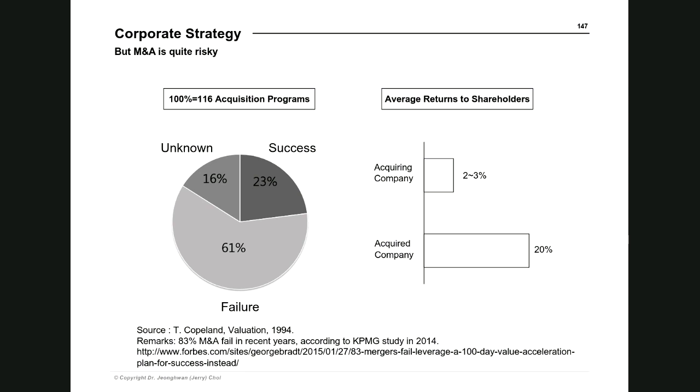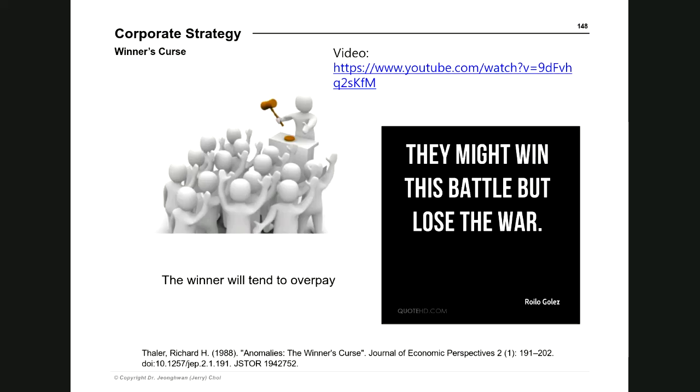People. We, human beings, make a business. So, as human beings, we make mistakes. Absolutely. We are human beings. Then we fail in M&A like this.